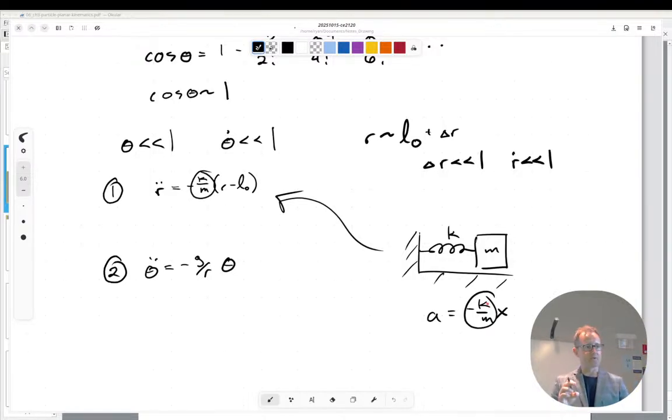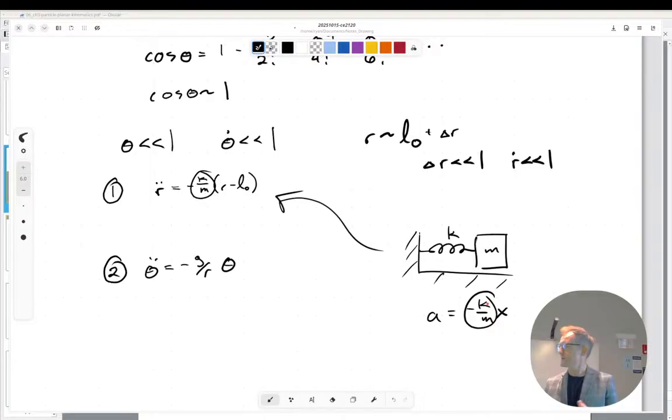Those are natural frequencies of the spring and the mass for just the up-down motion, just the radial. So these equations of motion tell you a lot about what this thing is going to do without knowing specifics about where it started or its current speed.